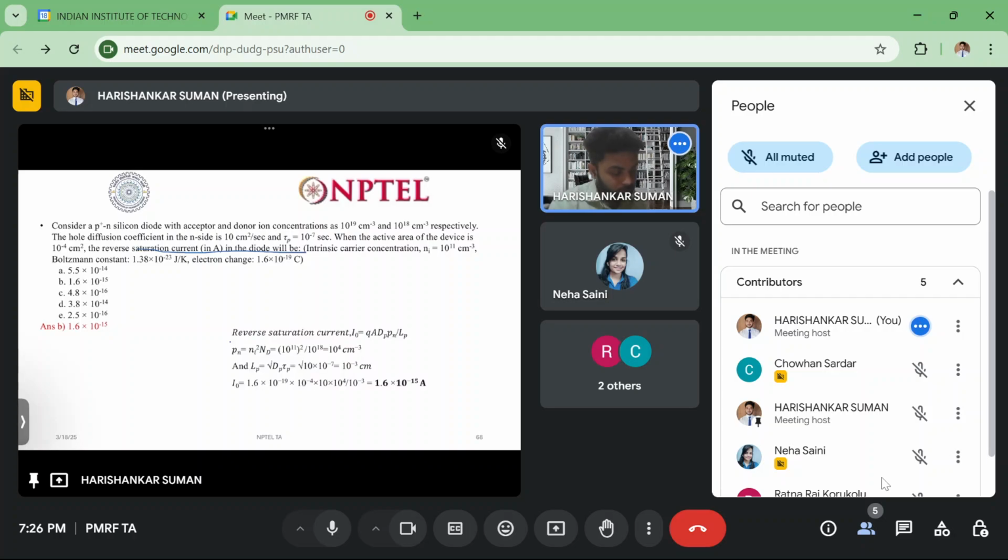So this is the formula for reverse saturation current: I naught equals q A times diffusion coefficients, diffusion lengths, and concentrations. So first calculate pn and the diffusion length. Put these values in this equation, and then you will be able to find the saturation current. Okay.